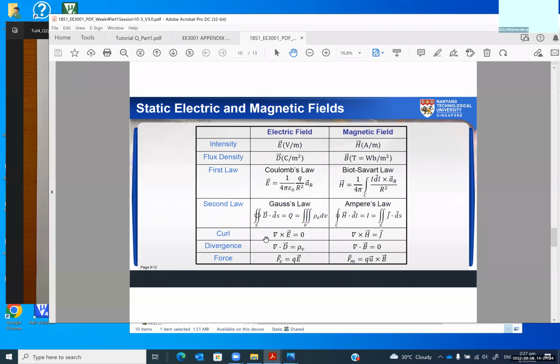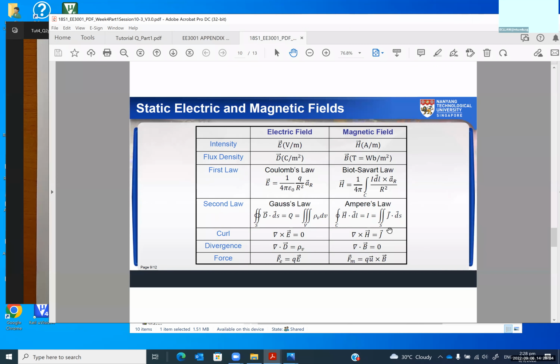It's a nice summary of electric field and magnetic field. One note here is that you can see curl E is 0 for a static electric field.